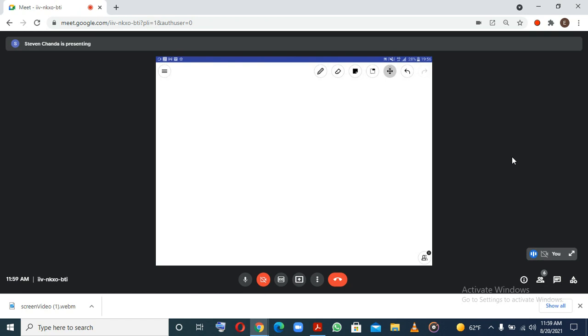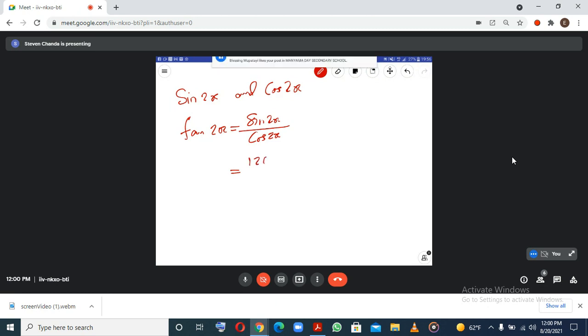So let's now look at something interesting here. Take note that if we wanted, we could use just this sine 2x and the cos 2x to find tan 2x, by simply saying: what was our value for sine 2x, over the cos 2x, so we take the reciprocal of the denominator.